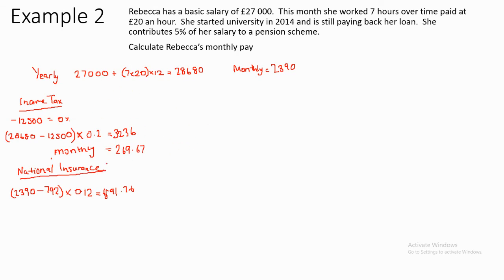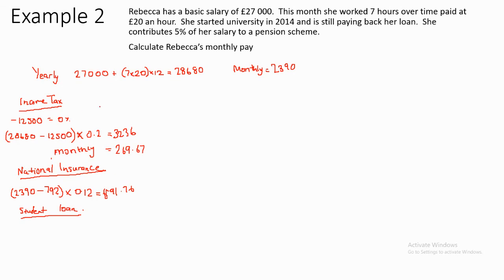Okay, her university loan. Let's do it down here. Okay, so she started in 2014, so she has the higher threshold of £21,000.